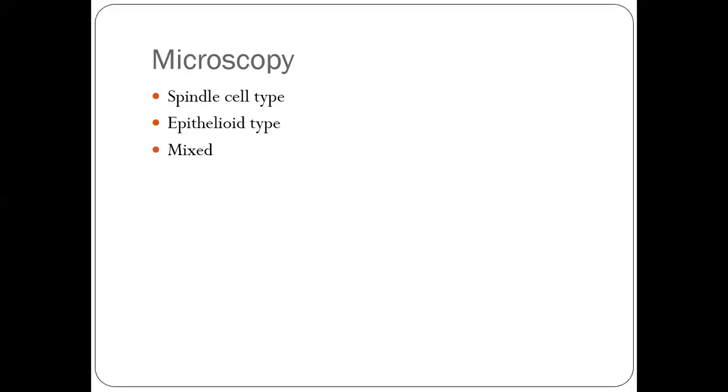One is spindle cell type, that is the cells are spindle shaped with scanty cytoplasm. The other is epithelioid type, that is they have more cytoplasm as compared to spindle cell type. Or sometimes there may be a mixed population of cells, both spindle cell type and epithelioid type.